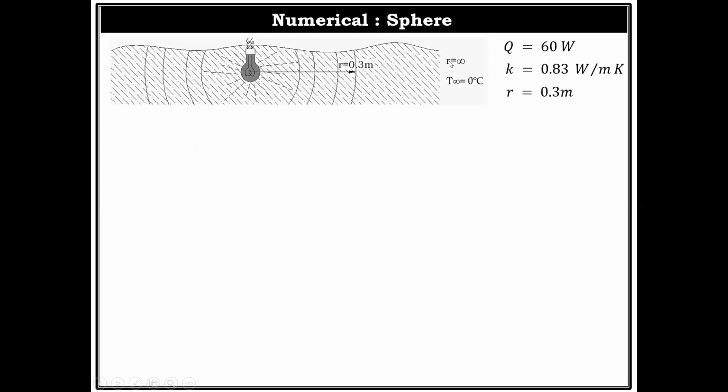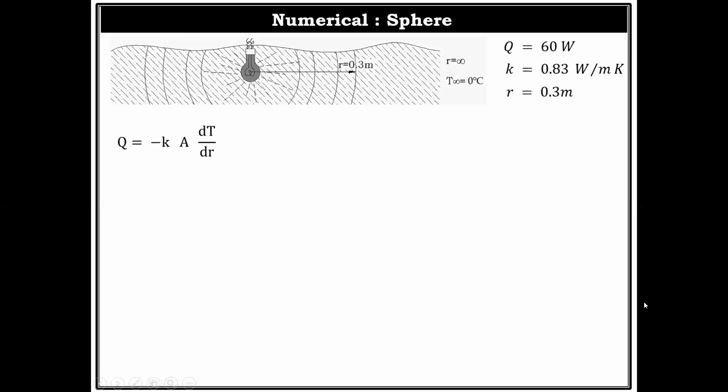So we have this diagram, R equals infinity, where the temperature at infinity is 0. These data are also important, though not given directly. With Q as 60 watt and K given, we have to find the temperature at R equals 0.3. And remember, all these heat traveling zones are spherical, so we are assuming just like a sphere.